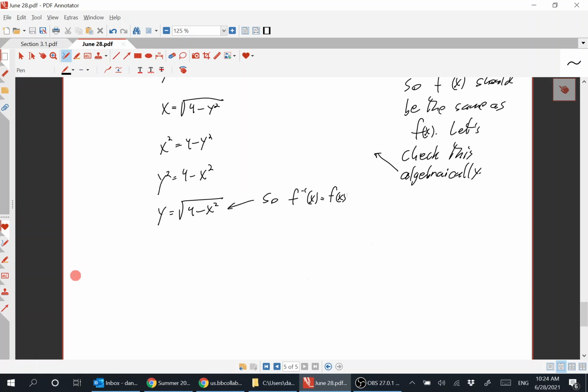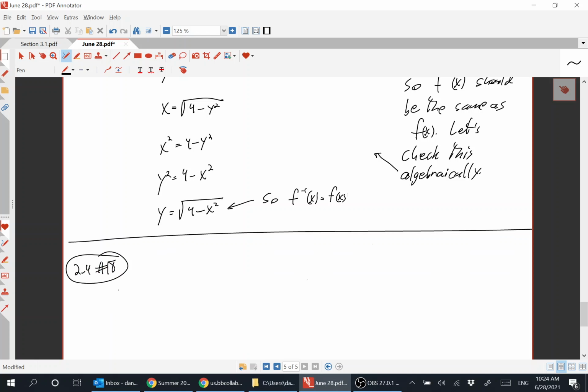So this is 2.4, number 18. g of t is t to the fourth minus t to the third plus t squared, and we're looking at the interval from minus 2 to 2. So find the net change and the average change.